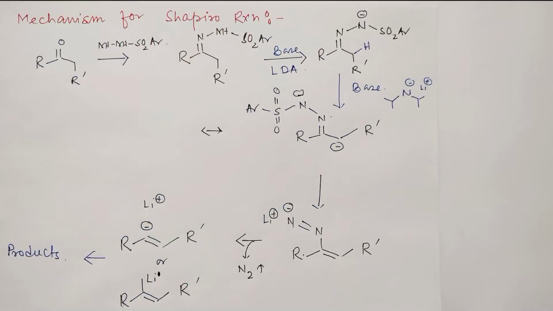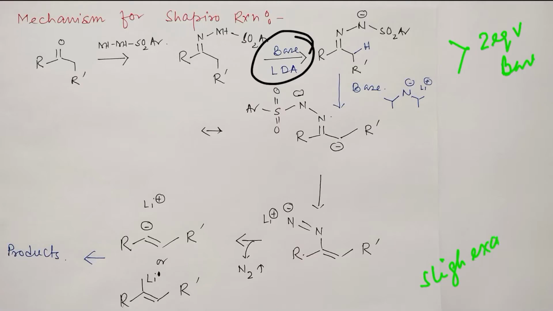In this case, the first step, as we said, is hydrazone formation via a Schiff base reaction. After that, base is needed, and now we will learn how much base is needed and why. So here slightly greater than 2 equivalents of base are needed. Why? Because when we use an organolithium reagent, we try to use a slight excess over stoichiometry.